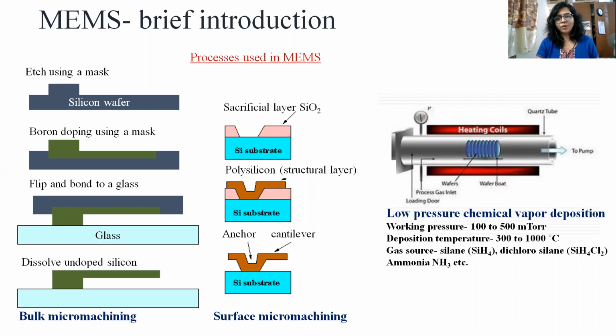It's a quartz tube. The wafer to be deposited is placed in the middle. Then the reactive gas is introduced and encapsulated with the heating coil. Then the process starts, and the gas reacts and deposits on the wafer to form a thin coating.